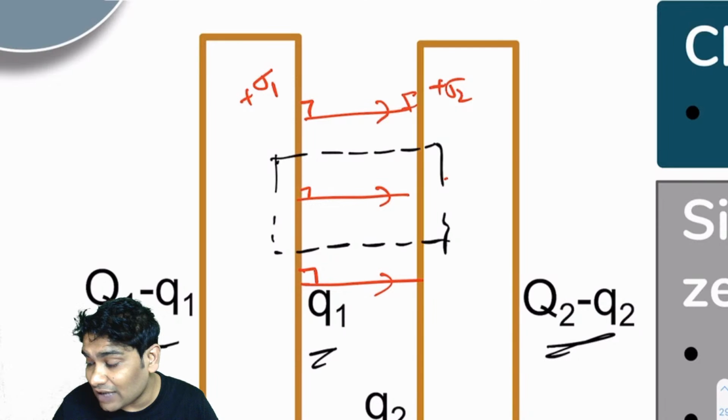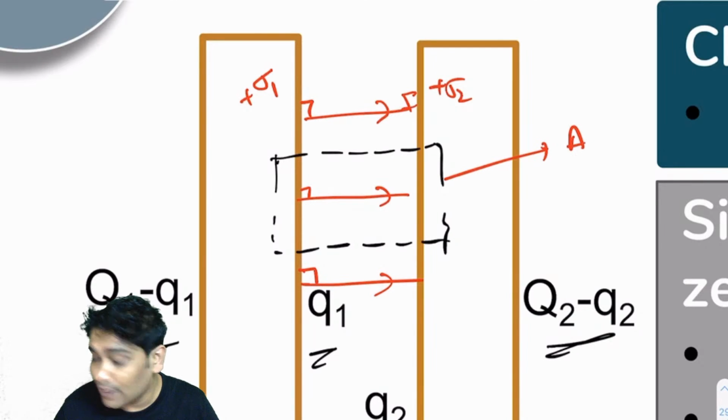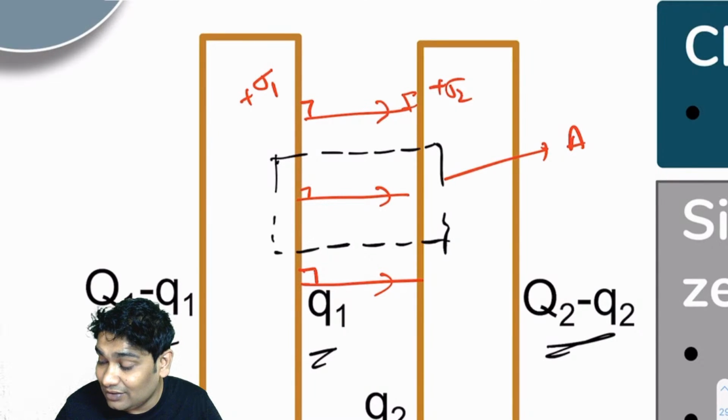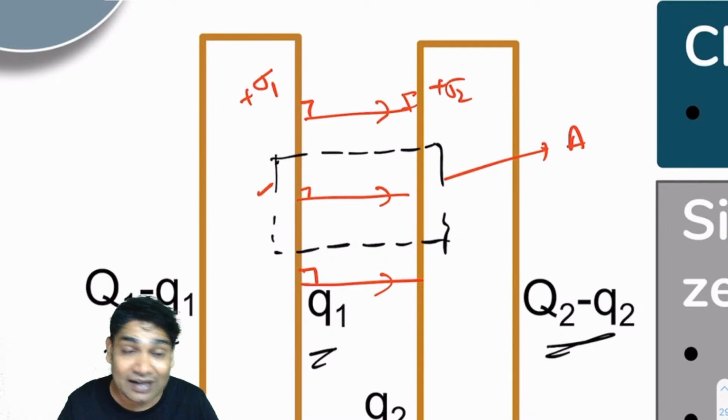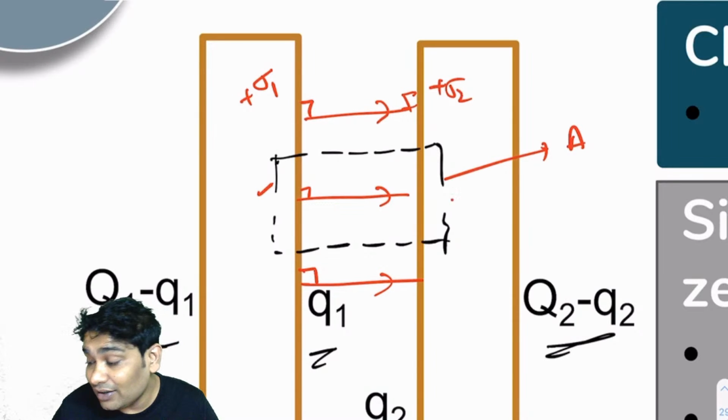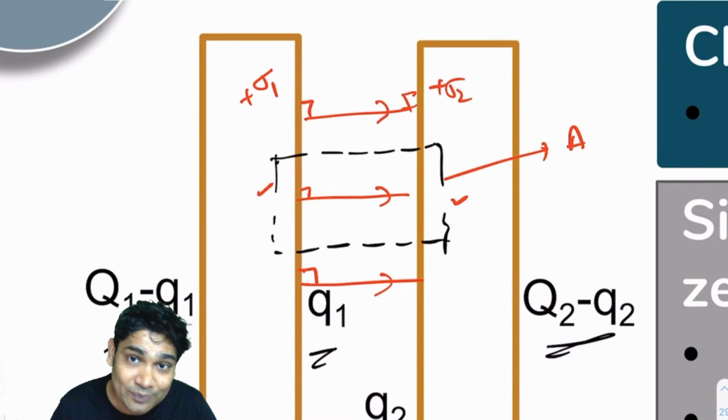My Gaussian surface has a cross-sectional area of A. Now, what is the total flux passing through my Gaussian surface? It will be 0. Why? The flux passing through this is 0, because this entire surface lies inside a conductor. Inside the conductor, E everywhere is 0. Similarly, the flux passing through this is 0.